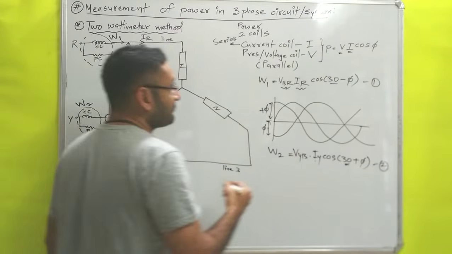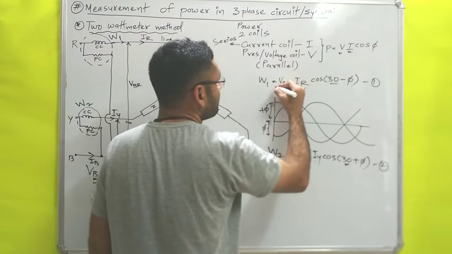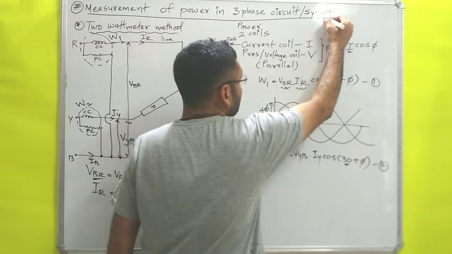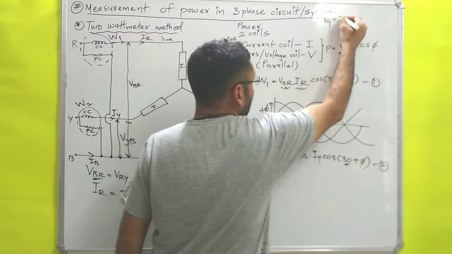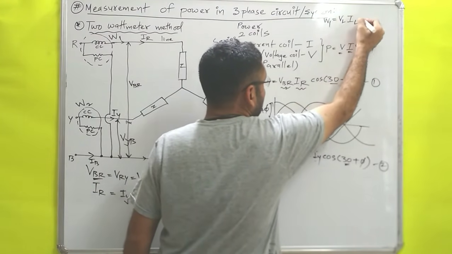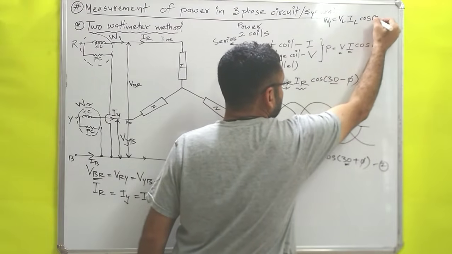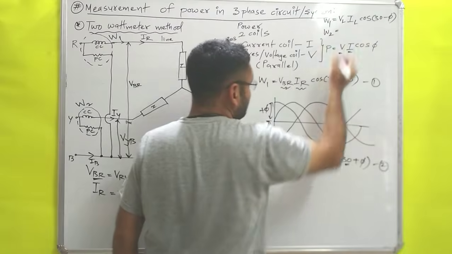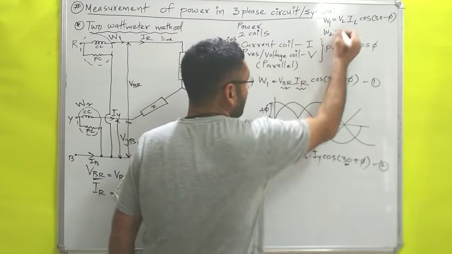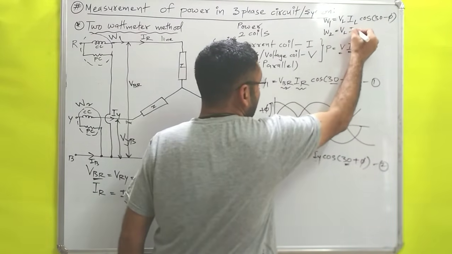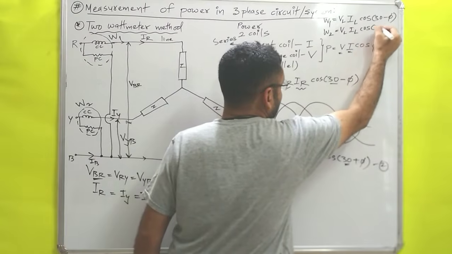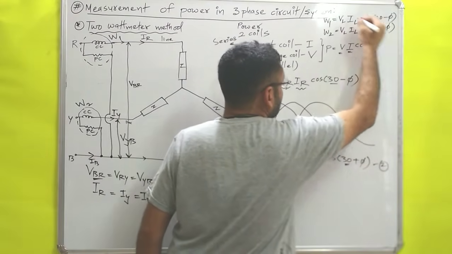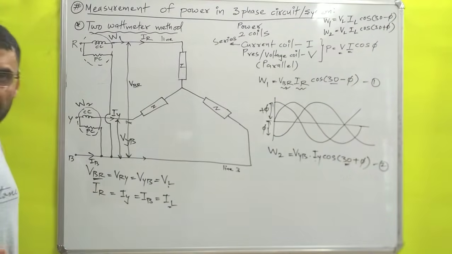So the equations will be: W1 is equal to VL IL cos of 30 minus phi, and W2 is equal to VL IL cos of 30 plus phi. Now we are getting these two equations.